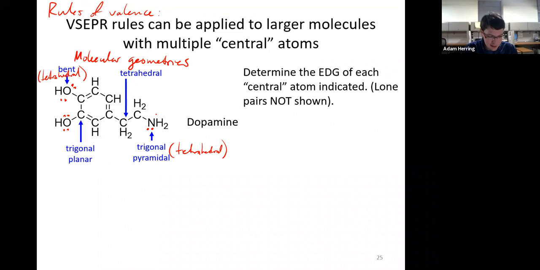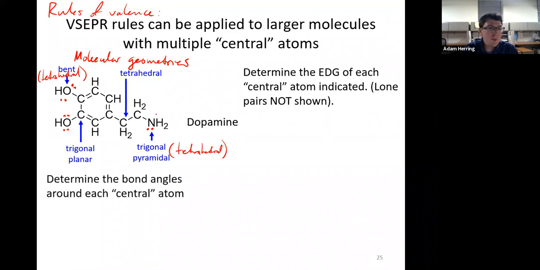The next thing that you should be able to do is determine the bond angles around each central atom. So what would be the bond angle for this carbon? Go ahead and try it and then come back. Did you figure it out? It should be exactly 109.5. This has 4 electron domains, and all 4 of those domains are bonds. Therefore, it will have its ideal angle.